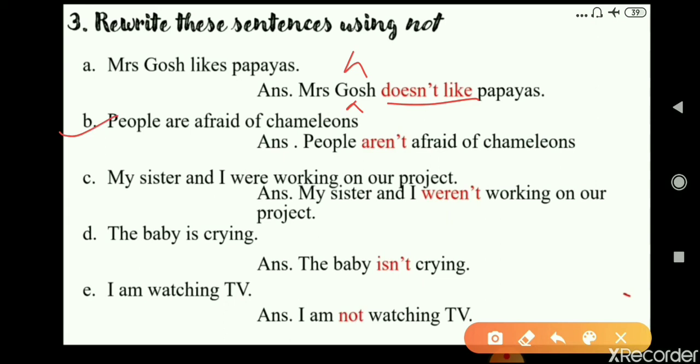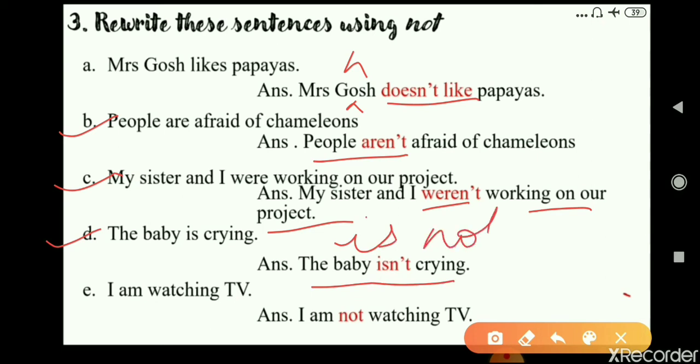People are afraid of chameleons. People aren't afraid of chameleons. My sister and I were working on our project. My sister and I weren't working on our project. The baby is crying. The baby isn't crying. Means for is not, we used here isn't.